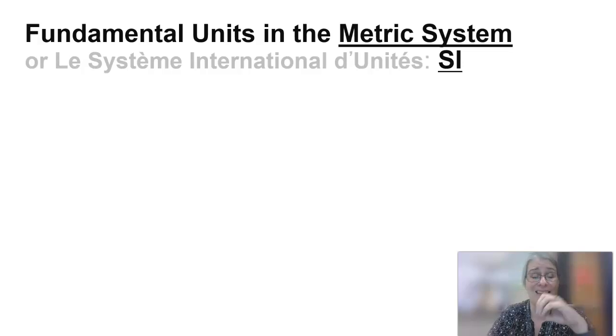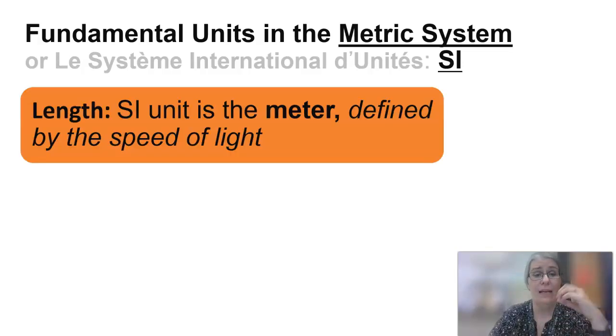So in the SI unit, our fundamental units have a given metric system unit. The SI unit for length is the meter. And in fact, even just a few years ago, we actually finally got all of these fundamental units away from being defined by some physical object and into being defined by fundamental constants of the universe.